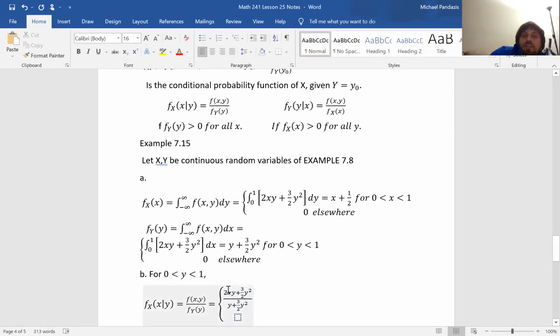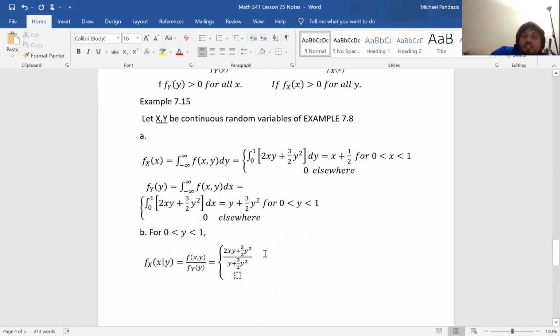Okay, the PDF f of x comma y is this, and we found f sub y of y. It's equal to y plus 3/2 y squared. So you just plug them in. Those two things are here.